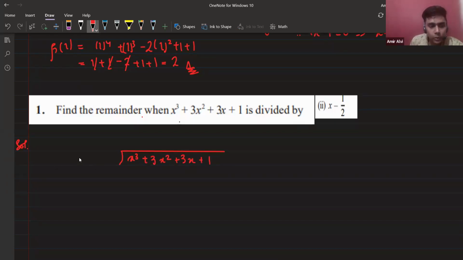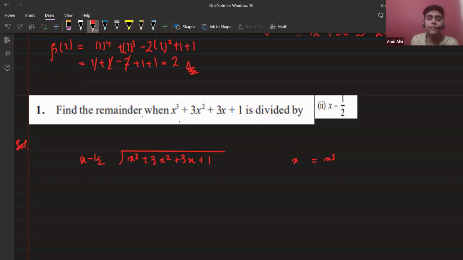x minus 1/2. Clear? Simran and Abdul, tell me, I want x cube and I have x.